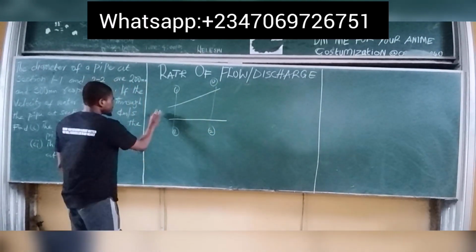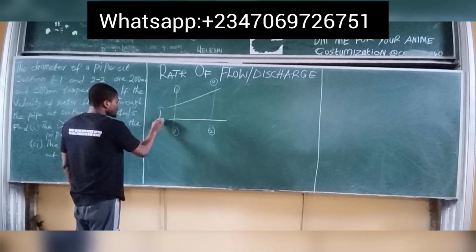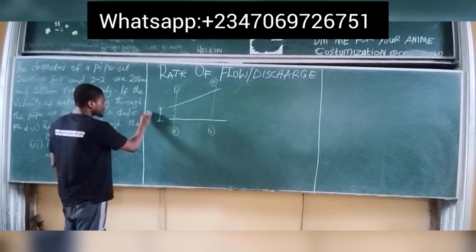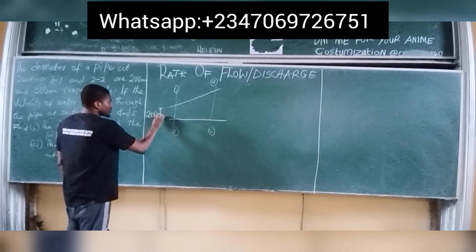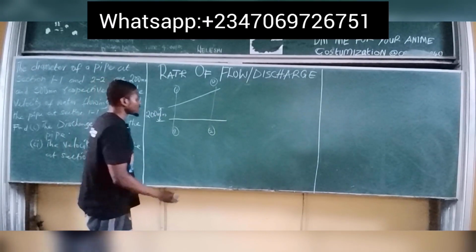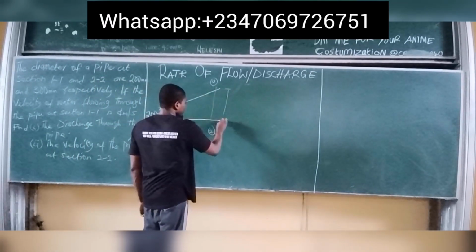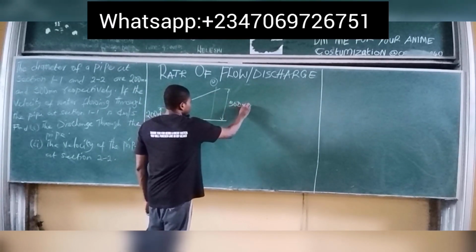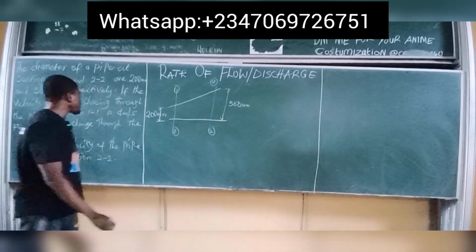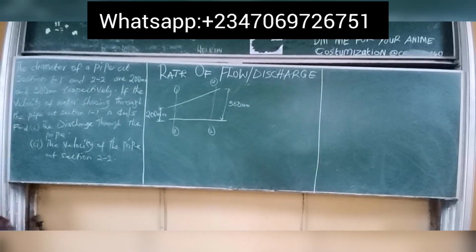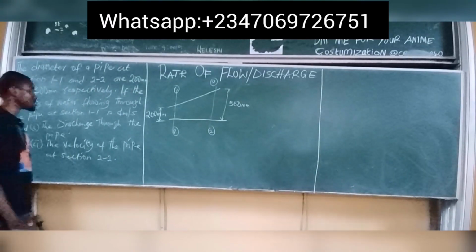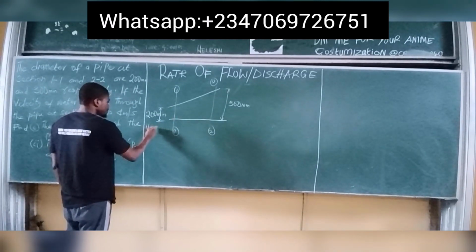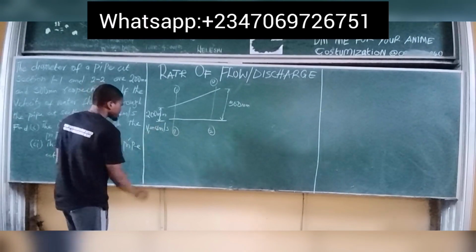Diameter of the pipe at section 1 was given as 200 millimeter, and diameter at section 2 was given as 300 millimeter. And the question says if the speed of flow at section 1 is 4 meters per second, so simply call this V1 is 4 meters per second.